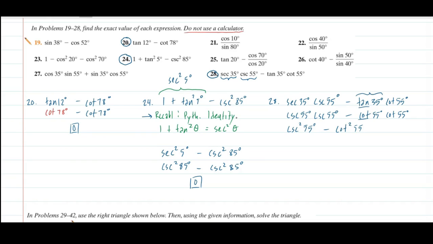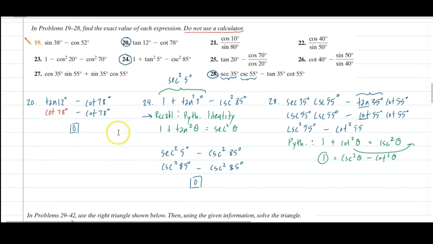Once again, you'll have to consult your Pythagorean identities. This said 1 plus cotan squared theta is equal to cosecant squared theta. All right? And we know that if we wanted to take the cotan squared over to the right side, it's important to learn to shuffle these things around, then cosecant squared theta minus cotan squared theta is therefore equal to 1.